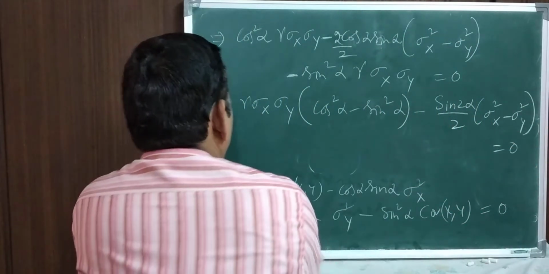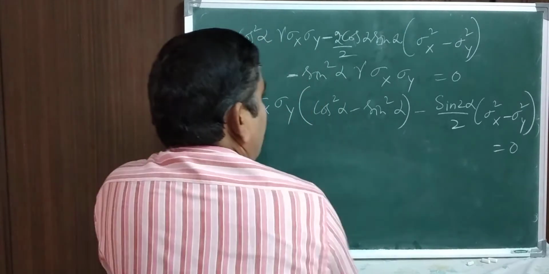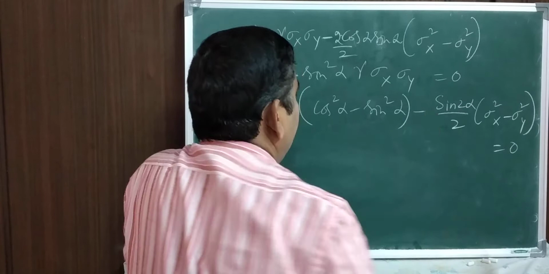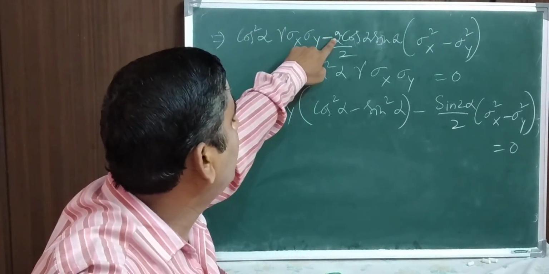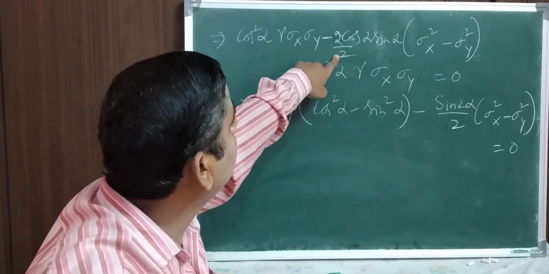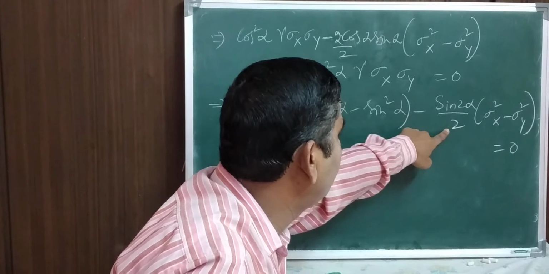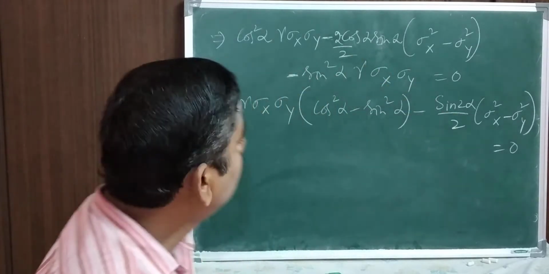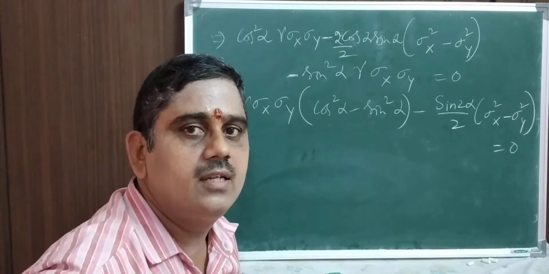Right? So this is the next term. I have multiplied here with 2 and divided also with 2, so that I have considered 2 cos alpha sin alpha as sin 2 alpha, divided by 2. Now, what is cos square alpha minus sin square alpha? It is cos 2 alpha.